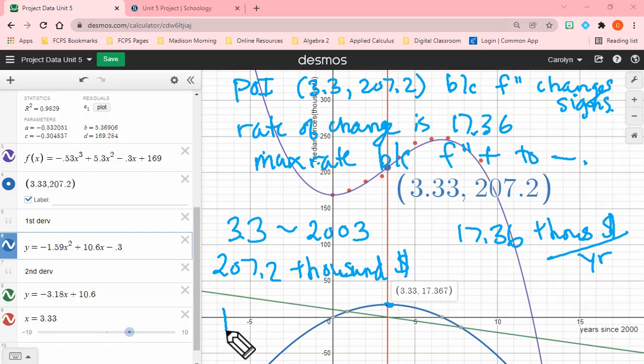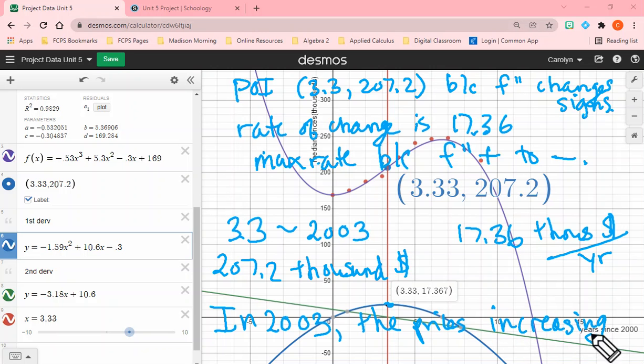In 2003, the prices were increasing $17,000 per year.